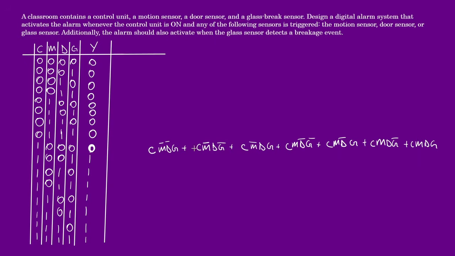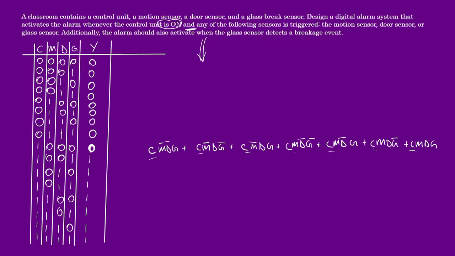Okay? This is correct, but it's not the best way to write out the expression. We can get an idea of what's happening if we analyze the question closely. They say that the control unit has to be on and any one of the following sensors is triggered. So meaning that control unit being on is constant. If we were to factorize out anything from this expression, you see that C is always going to be constant.